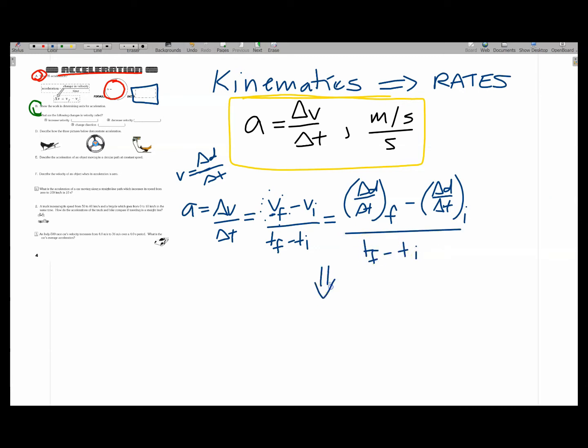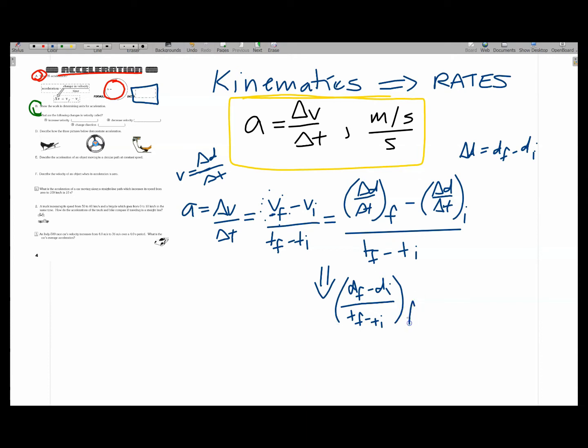I'm just going to bring this down here because I could have way more nerdy fun with mathematics. I know that displacement is, from earlier, final position minus initial position. So if I really wanted to go crazy, I could have d sub f minus d sub i divided by t sub f minus t sub i. This t sub f minus t sub i being that delta t written out.